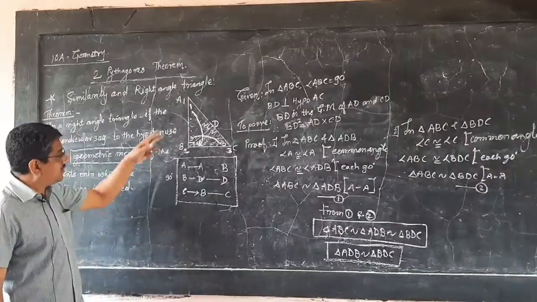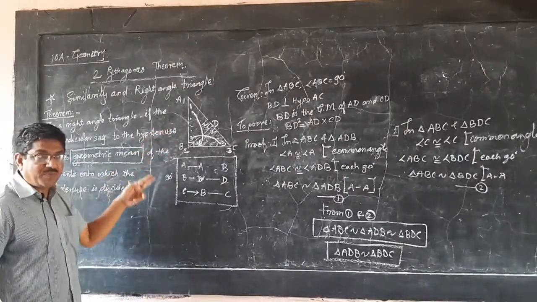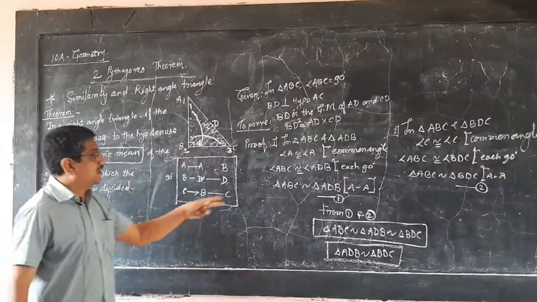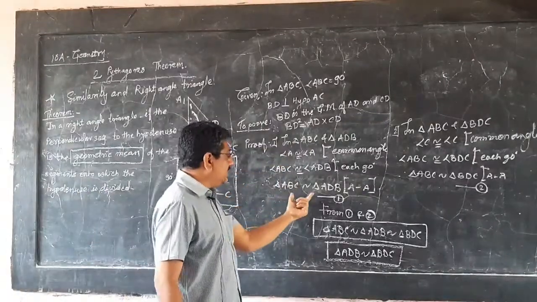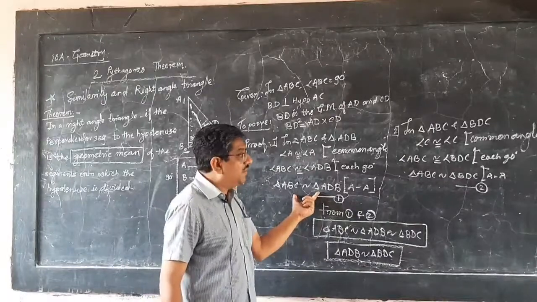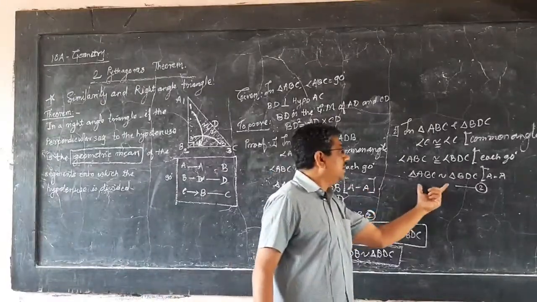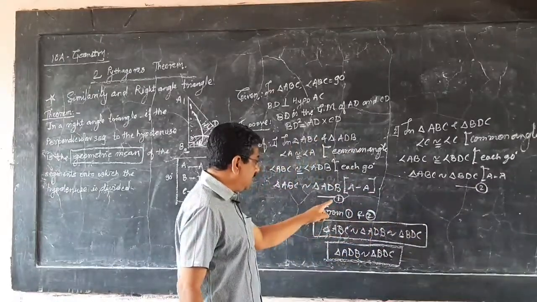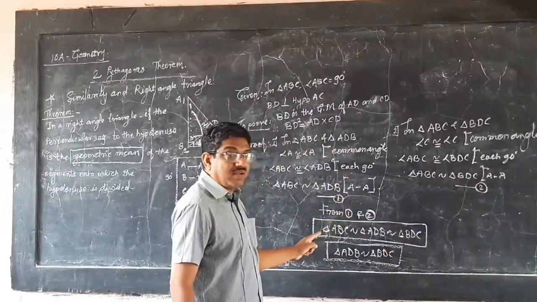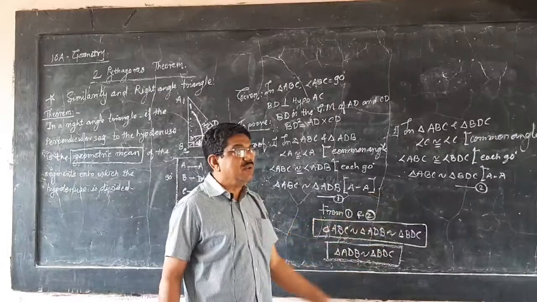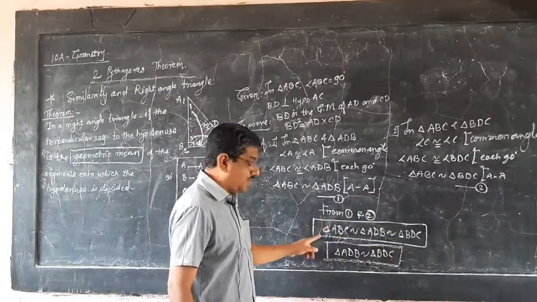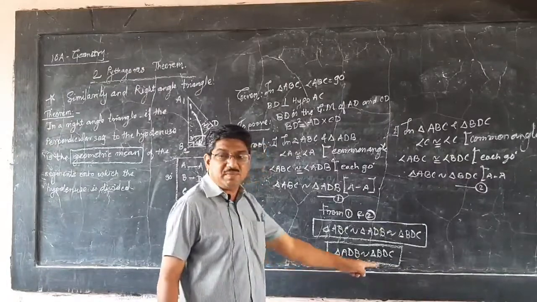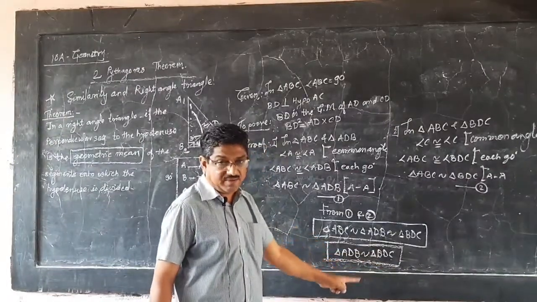You will draw the same figure, use the proper sequence, study, repeat it. Then you have proved that triangle ABC is similar to triangle ADB. Here you have proved that ABC is similar to BDC, and from the first and second statements we have written that all three triangles are similar to each other, and therefore the last statement that you have written is that triangle ADB is similar to triangle BDC.